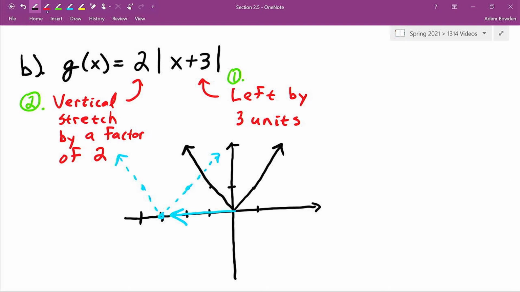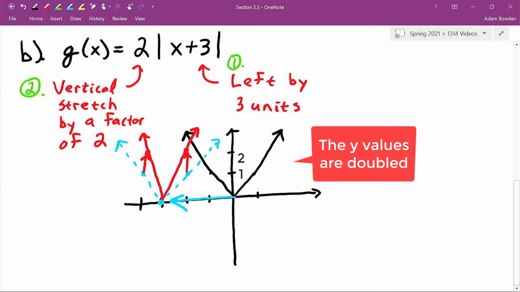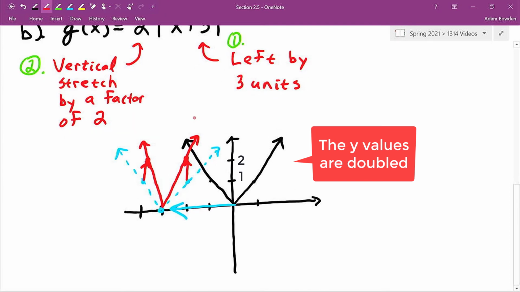And then we need to do the vertical stretch by a factor of 2. In essence, what that does is it takes all the y coordinates and makes them twice as big. So points that were at one location get moved upward by a factor of 2. So our final graph would do something like this. So our final graph would be for g of x equals 2 times the absolute value of x plus 3.